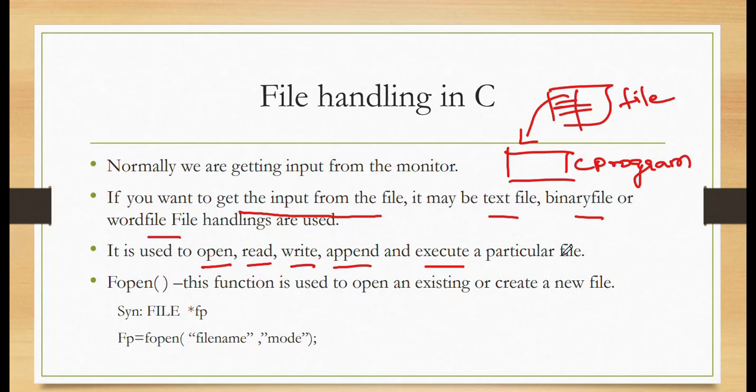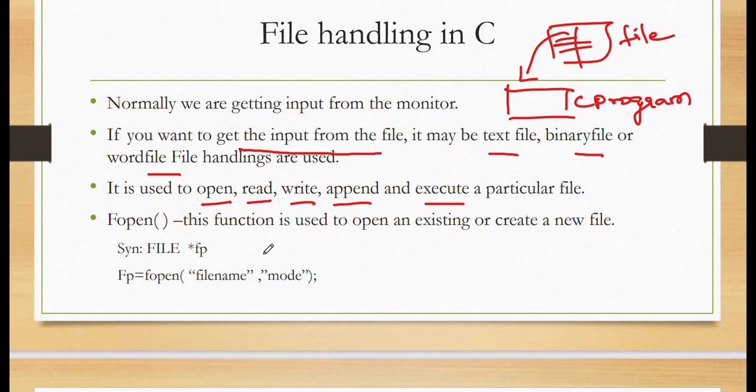Using file handling, I can open a file, read a file, write a file, and append. Append means some content is already there, say 1 to 10, and using my program I am writing multiples of those 10 values. So I can open, read, write, append, and execute a particular file. Only this is enough.